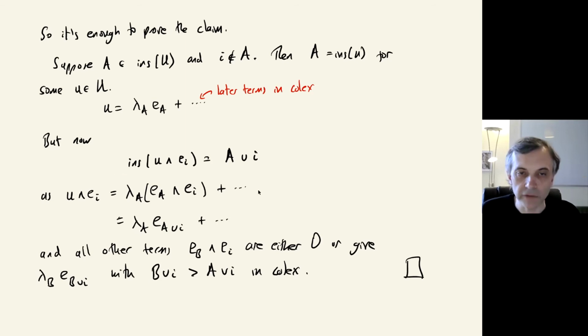So it's an easy check that A union I is the initial set of U wedge e_I. That tells us that if I take the initial set and then the upper shadow, everything I get is contained in what I get if I wedge with V and then take the initial set.